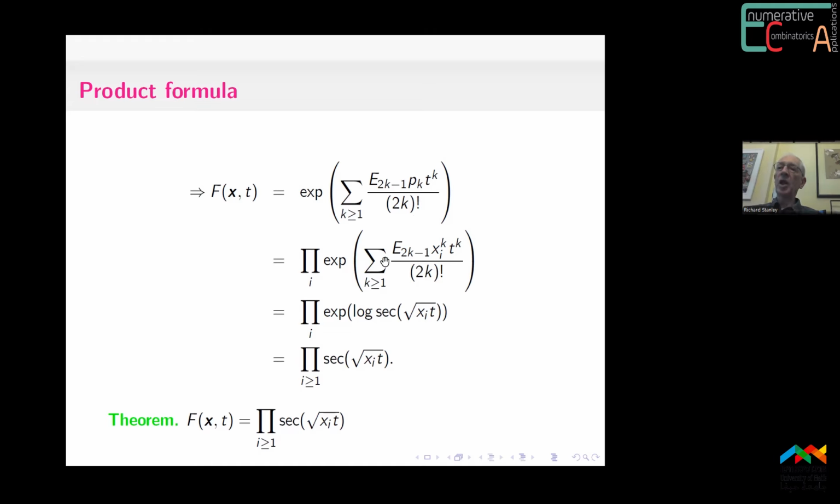By my previous slide, this sum is log secant of the square root of x_i t. It's the square root because the sum originally had a t to the 2k, not t to the k. So of course the exponential of a log cancels out, and we just get this product, secant of the square root of x_i t. So we have this very elegant formula for this generating function, the product over i of secant of the square root of x_i t.